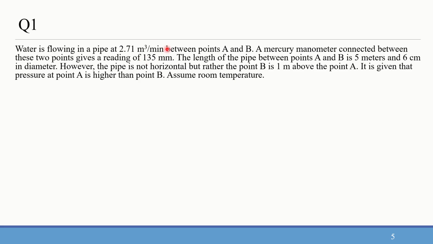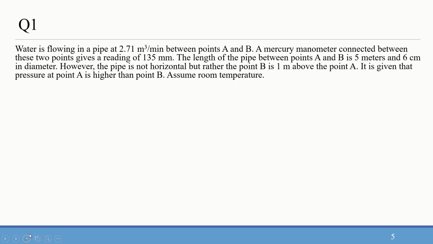Again it is 135 mm, and the length of the pipe where the flow is taking place is given as 5 meters and the diameter of the pipe is 6 centimeter. Also it is given that the pipe is not horizontal, it is not straight, but rather point B is slightly higher than point A. If B were lower than A, we could straight away say how the flow will be.